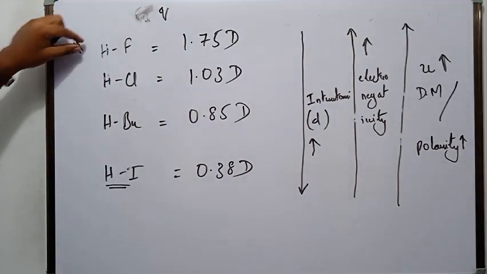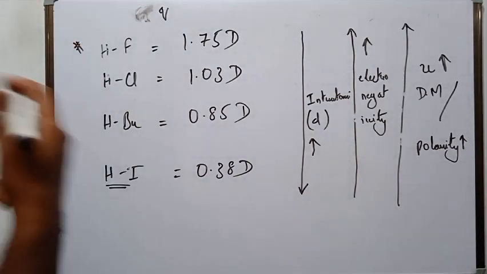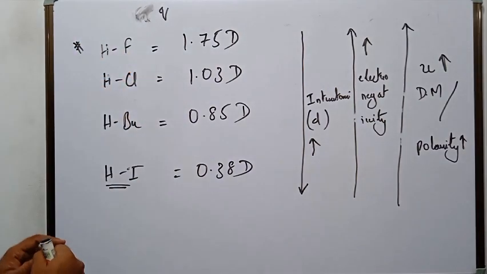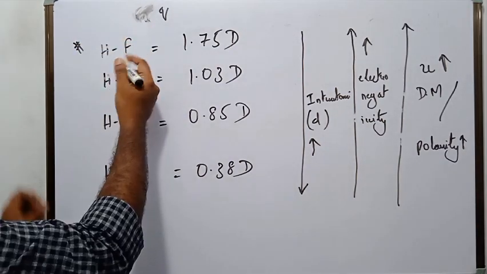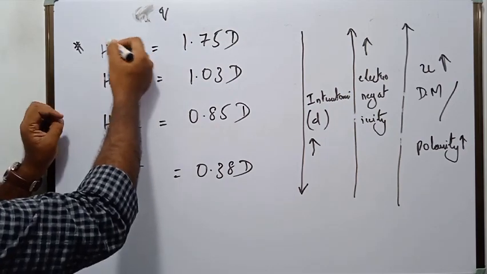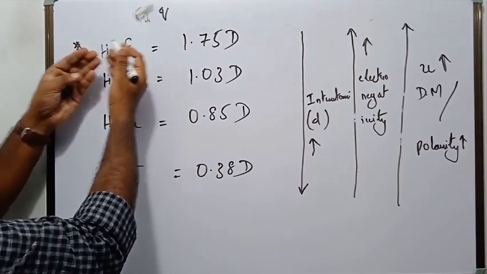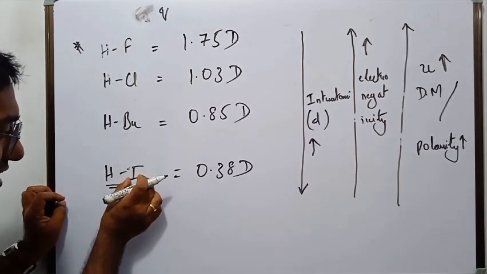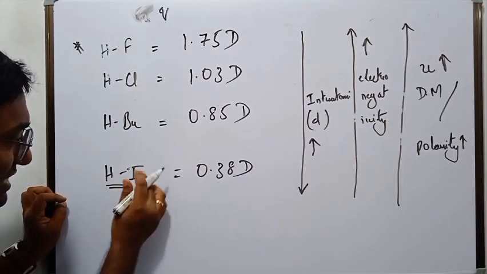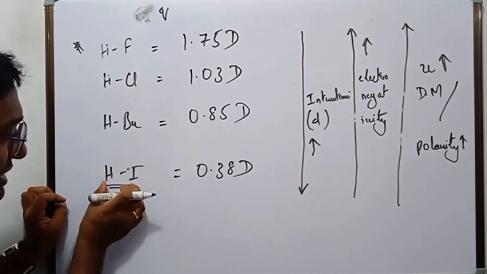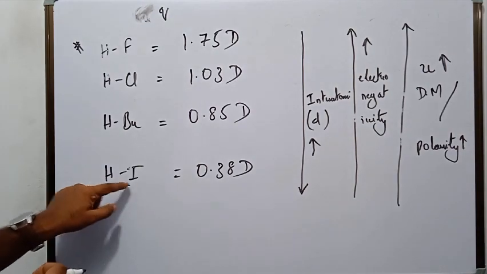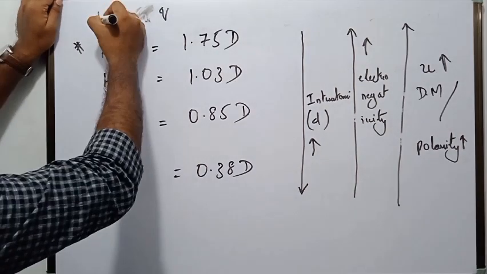But if you think the other way, the interatomic radius here is less, right? Both H and F are small atoms, so the distance between the positive center and the negative center is less. Here the distance is high, because it has a large atom. So what is our dipole moment formula?